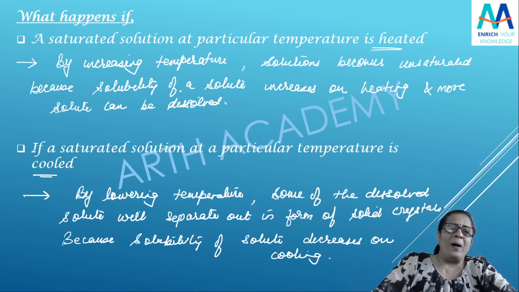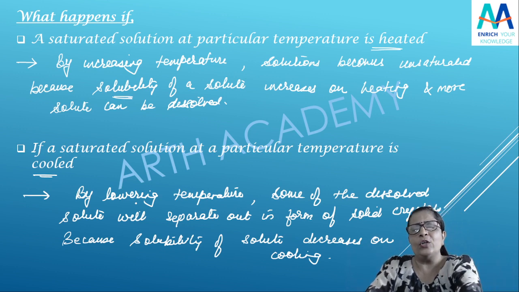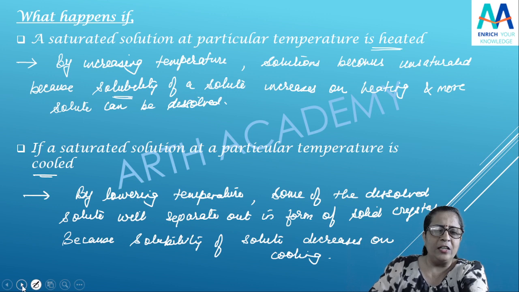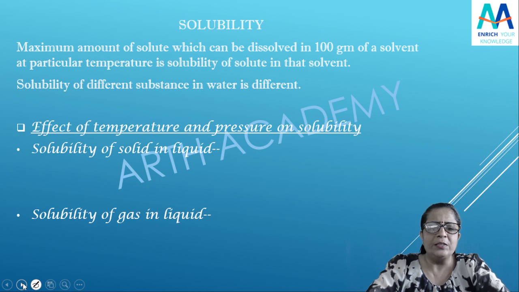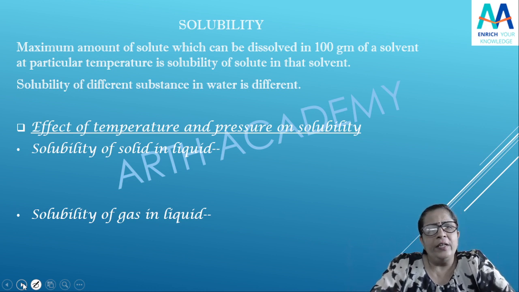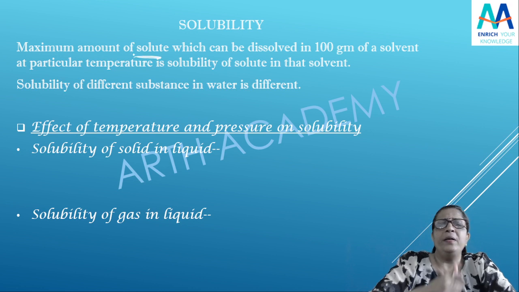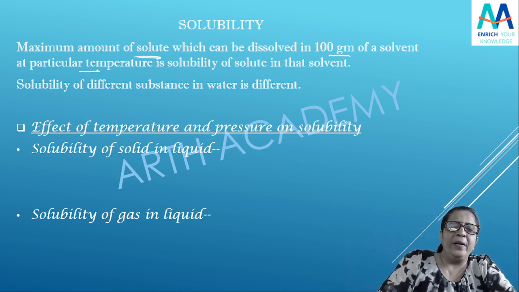Now in this part we are saying solubility again and again. So what is this solubility? Does anyone know what you mean by solubility? We are saying it, but what is solubility? Yes, so come on, we will discuss what is solubility, students. Solubility is the maximum amount of solute which can be dissolved in 100 grams of a solvent at a particular temperature.